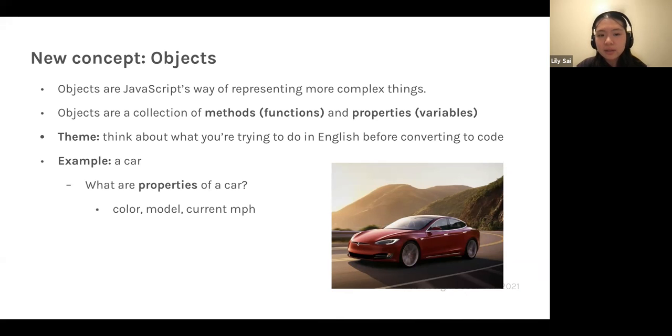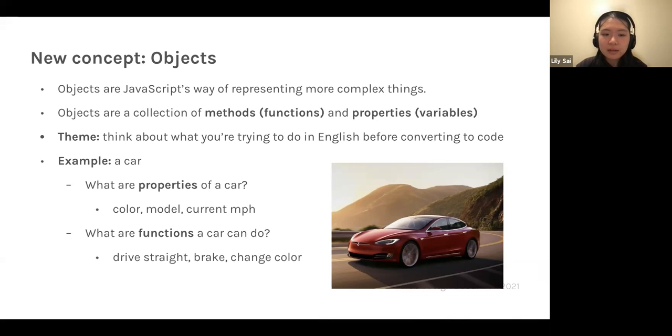That can include things like the color of the car, which is red, the model, how fast it's currently going, so the miles per hour, and then also some of the functions a car can do. That can include things like driving straight, braking. They could change the color by painting the car. And these are the different properties and functions that we'll want to include in our object.